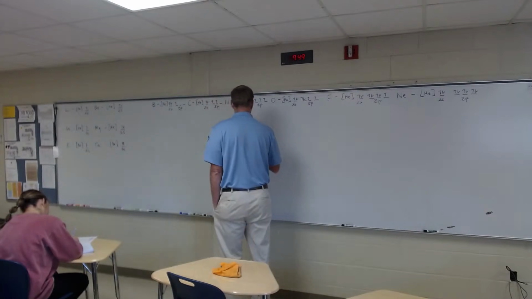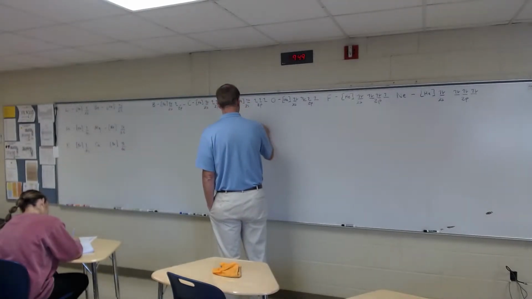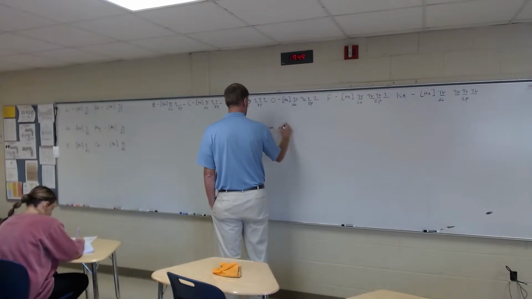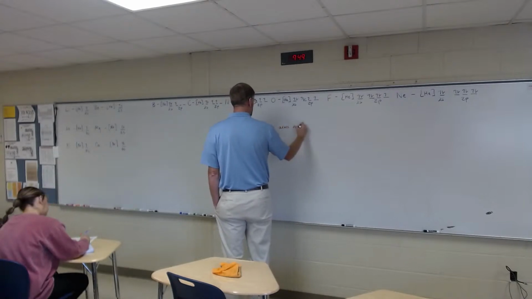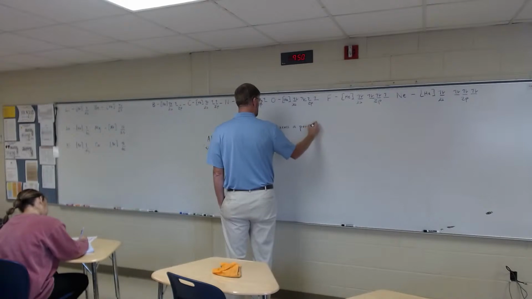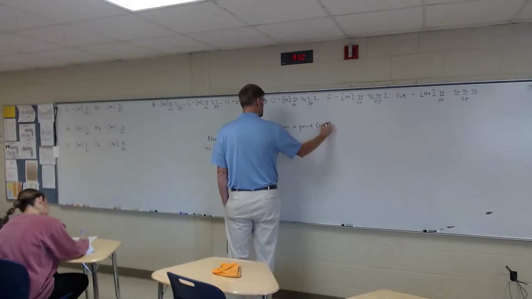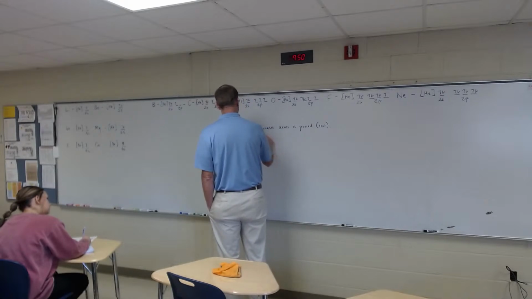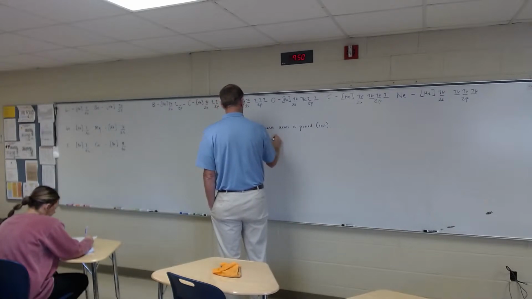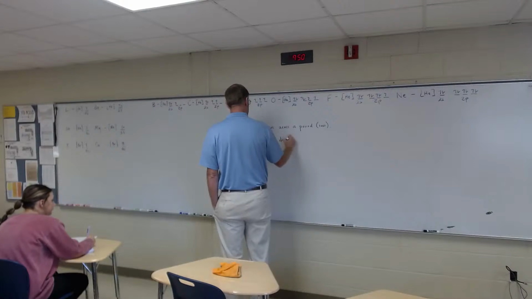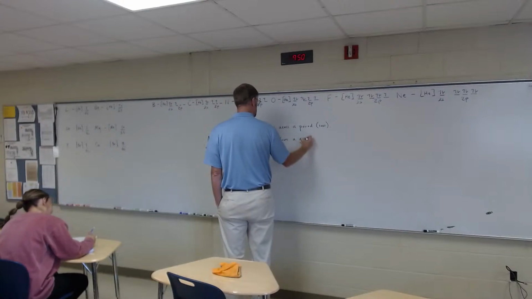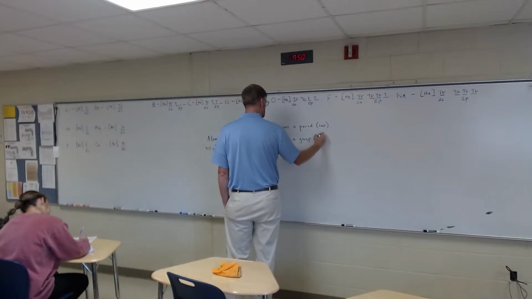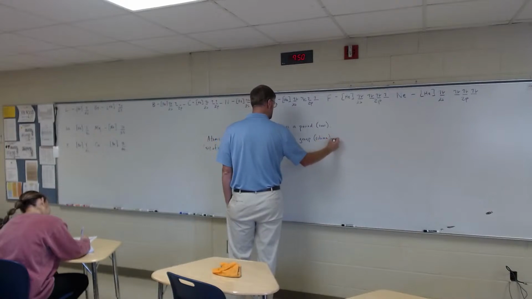Number one is that atomic radius decreases across a period, also known as a row on the periodic table, and it increases down a group, also referred to as a column.